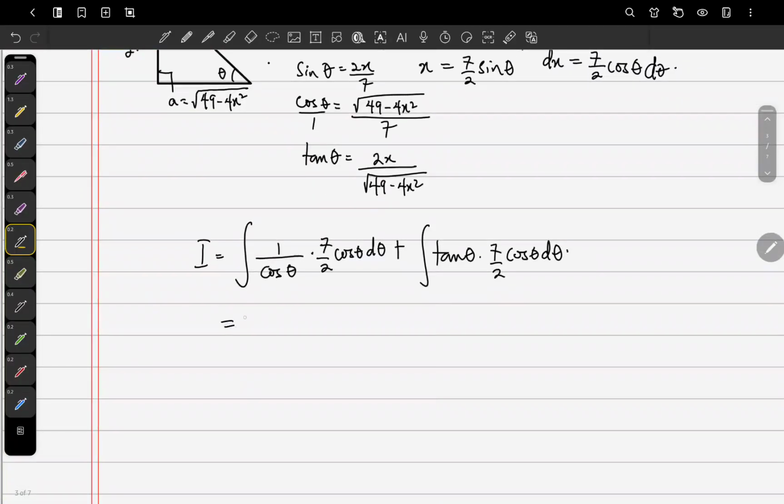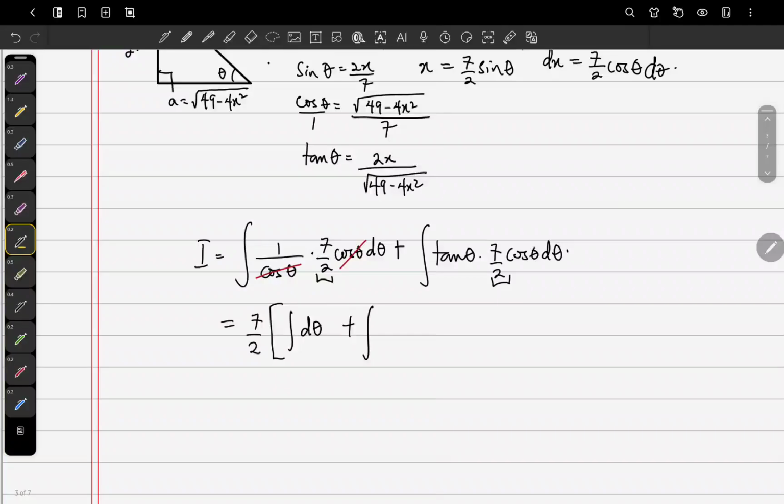Beautiful. Now we can see that 7 over 2 is a common constant in both cases. So we can pull that 7 over 2 out. So we have 7 over 2 times, also cosine of theta cancels cosine of theta. So we are left with just the integral of d theta on the first side. And on the other side, we are going to be left with tan theta times cos theta.